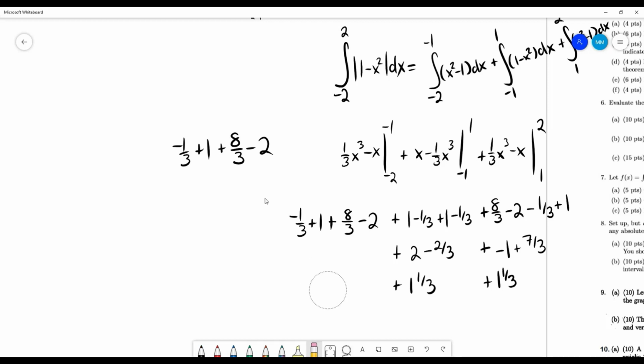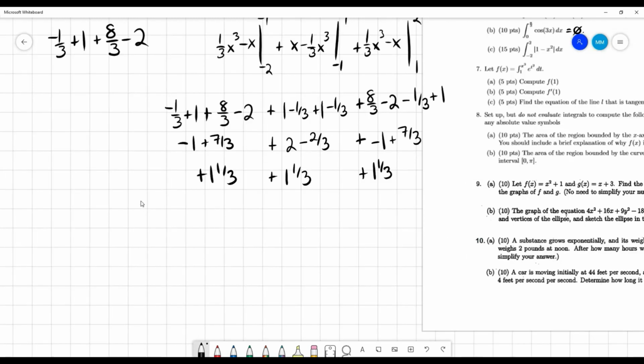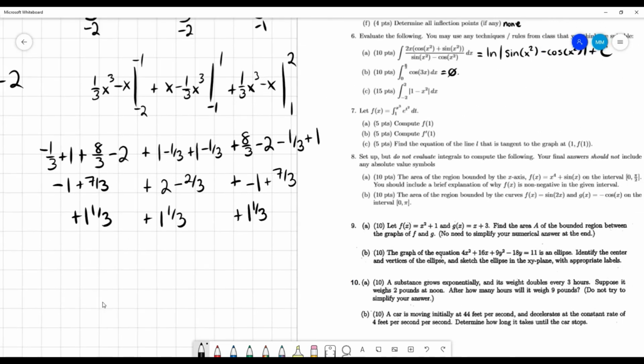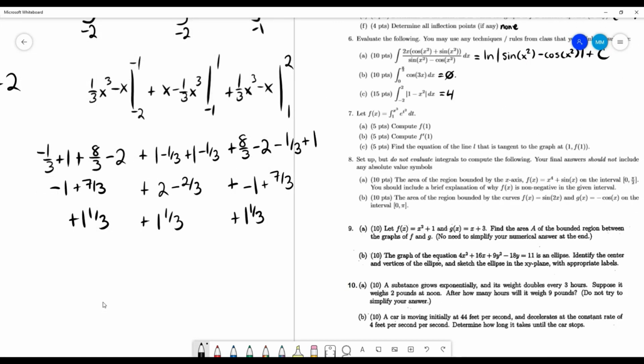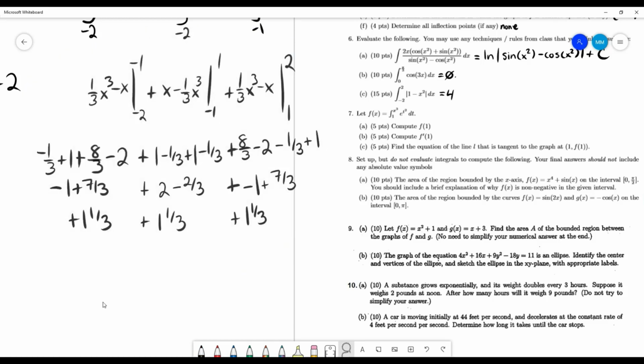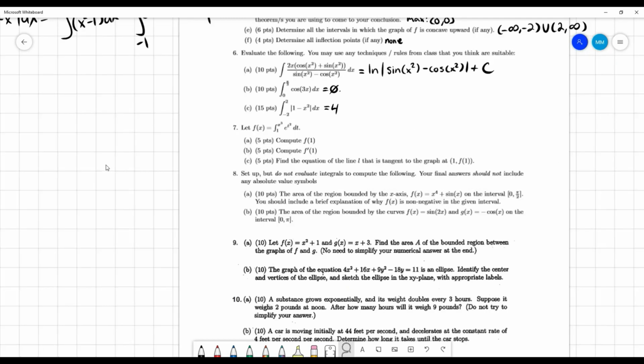Dang it, I knew that was too good to be true. So then that is negative 1 plus 7/3, which is just the same way as we did that, which is 1 1/3, which of course that's 3 1s and then 3 1/3, so that's just going to equal 4. And that is the correct answer. I remember that from checking my work earlier. All right.